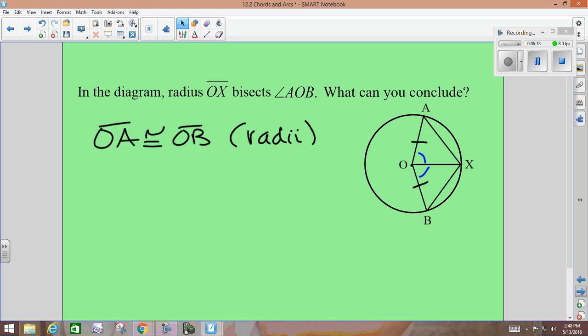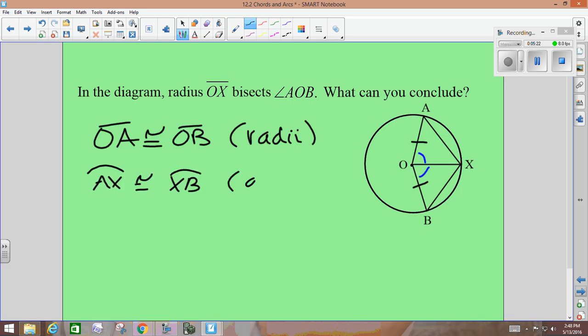Zach, you got something else? Why is arc AX congruent to arc XB? Congruent chords have congruent arcs. Okay. What chords are congruent then?